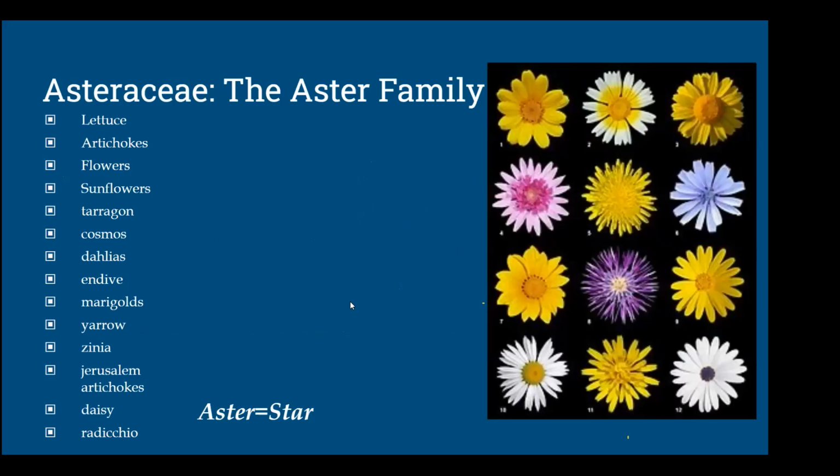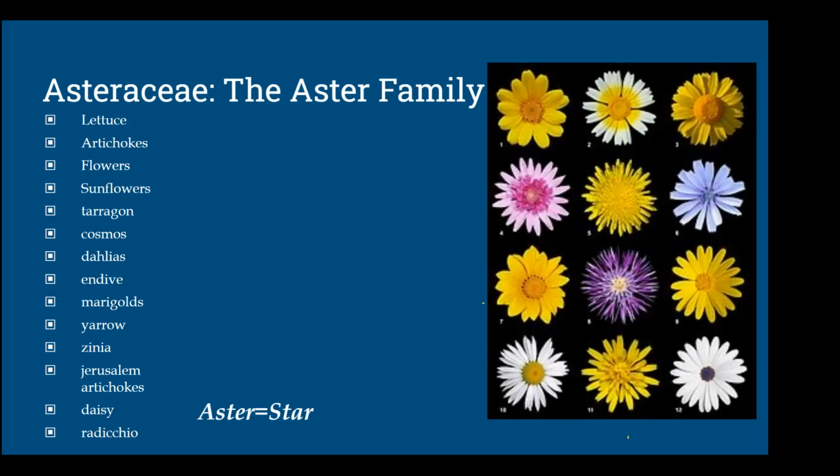And then I think this is our last family, the aster family. So beautiful, beautiful family. Aster meaning star. So a lot of the flowers here look like stars. Very common asters, you know, dandelion or purple prairie aster, really common wildflower in Minnesota.